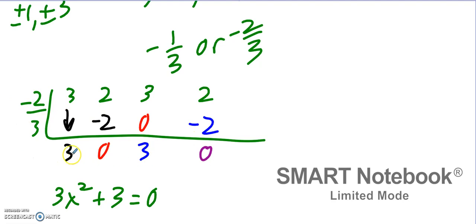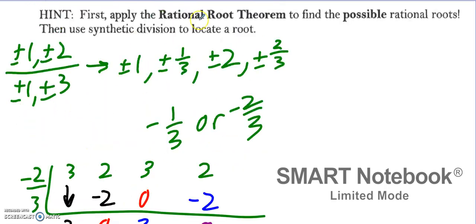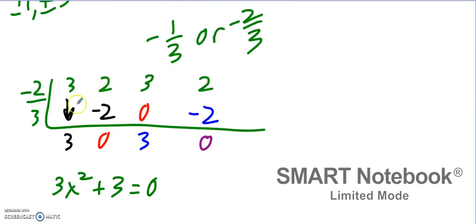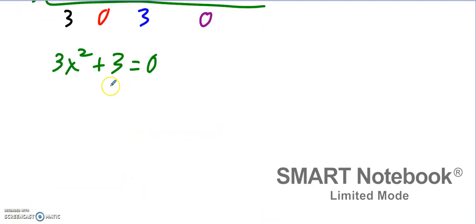Now again, how do I write my answer? Well, I ignore the remainder because it was 0. Since the original polynomial was third degree, then the result, or the quotient, is second degree. So this is the coefficient on the x squared. There is 0 x terms, and so then it's plus 3. Now I already set this equal to 0 because we need to still find the remaining roots. So to find the remaining roots, we set this equal to 0 and we solve. Let's go ahead and do that.